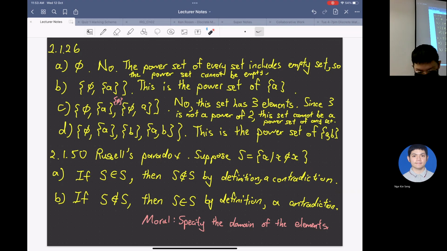So the moral is you need to specify the domain. You can't just simply put anything here. If you don't specify, then I simply take something that doesn't work.